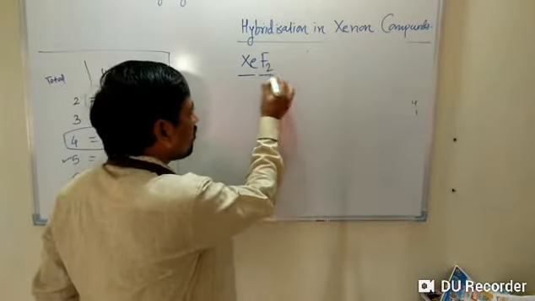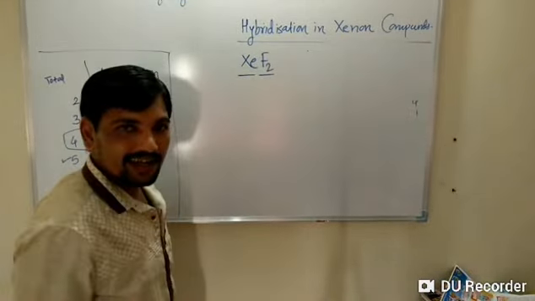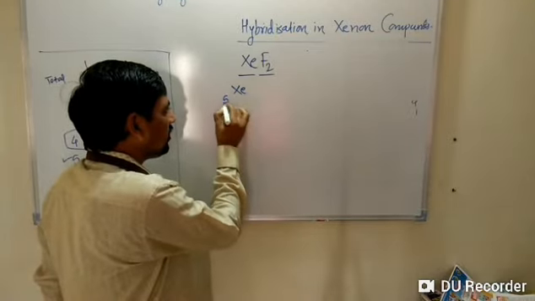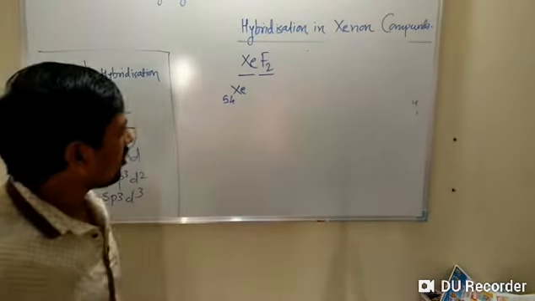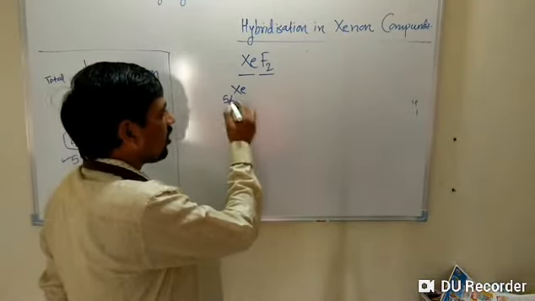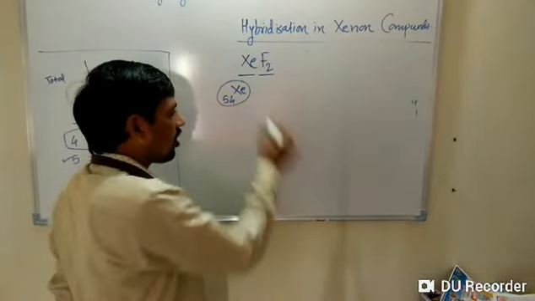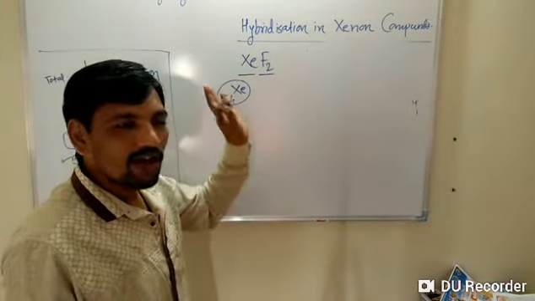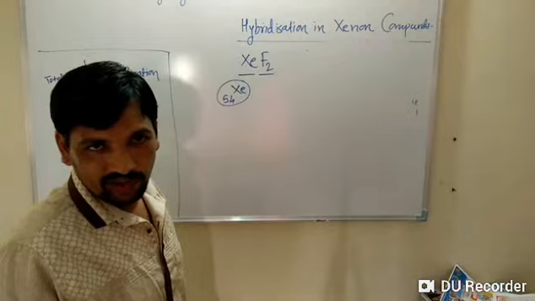In xenon fluoride, xenon is the central atom, having atomic number 54. How will you count the outermost shell electrons? It is very easy to count them on the basis of group number.